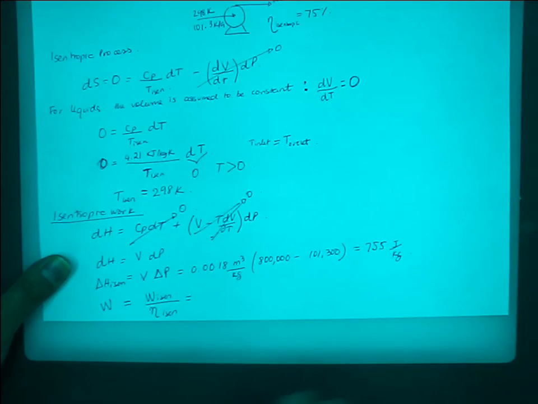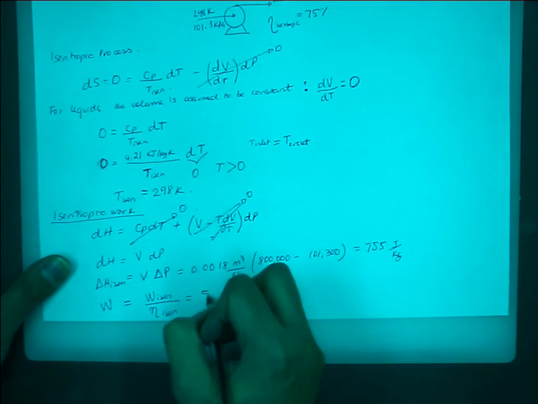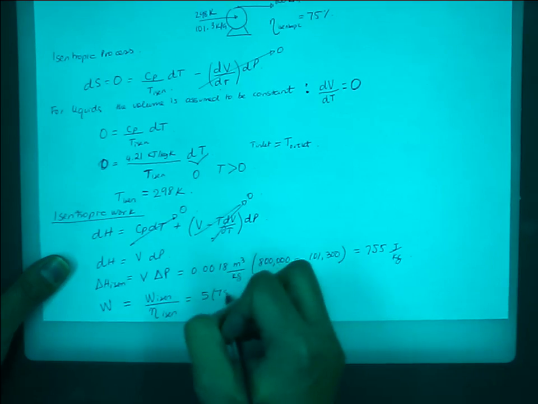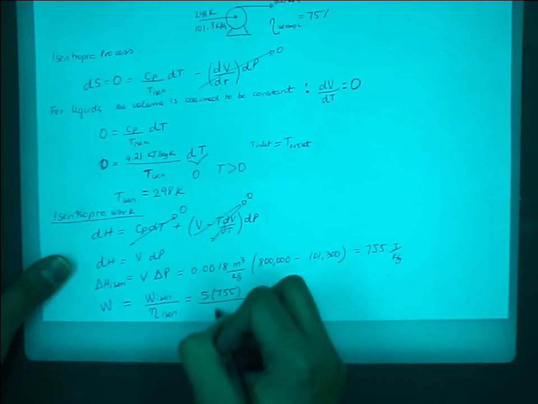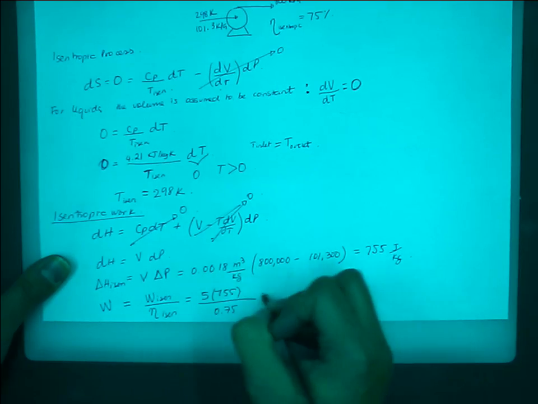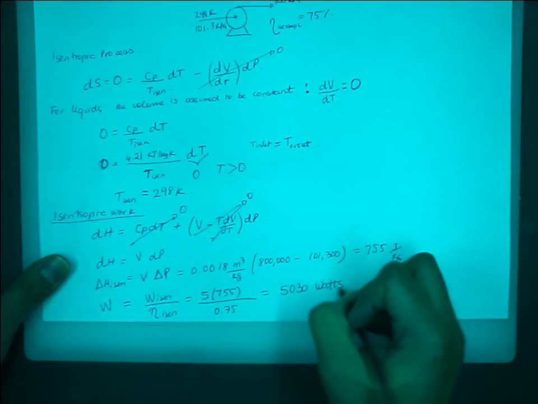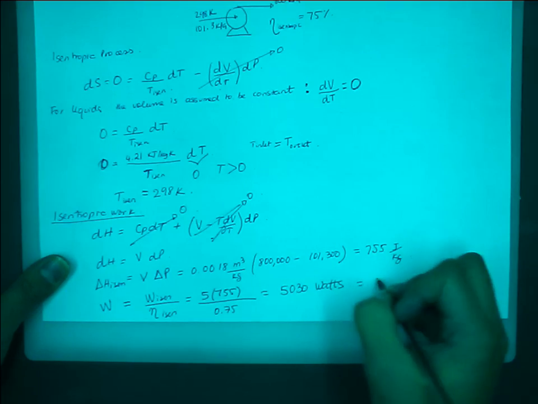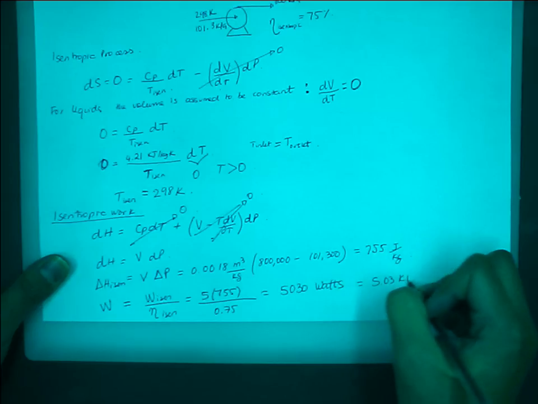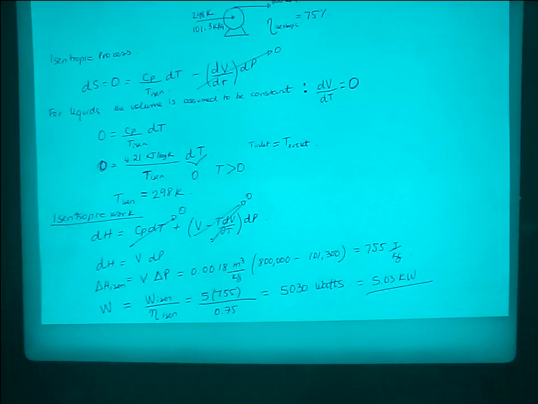We multiply it by 5 here then. I'm just here taking out a step. W equals m delta H. W equals 5 times 755. Right, so it's just having here the energy balance into the equation already there. Can you see that?